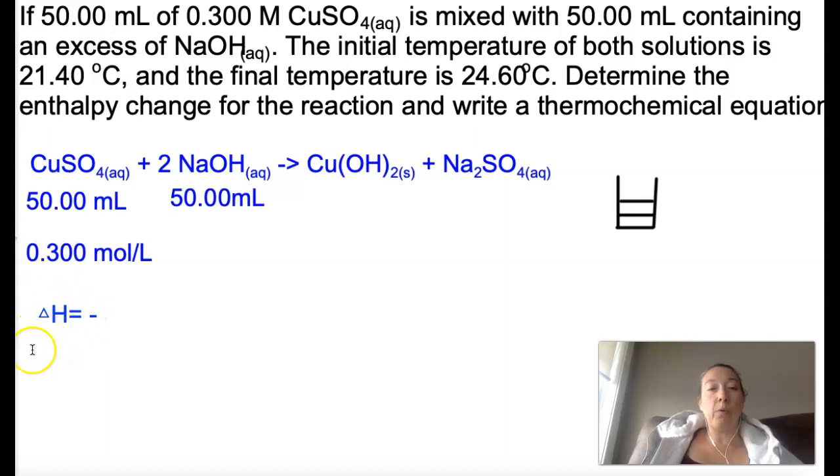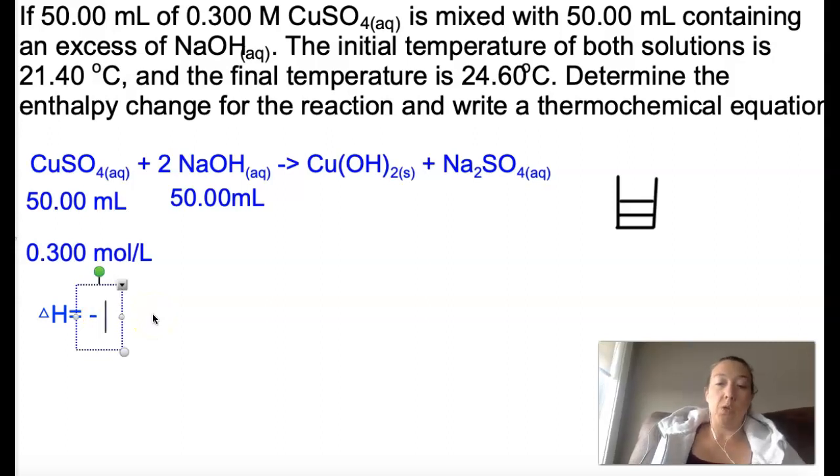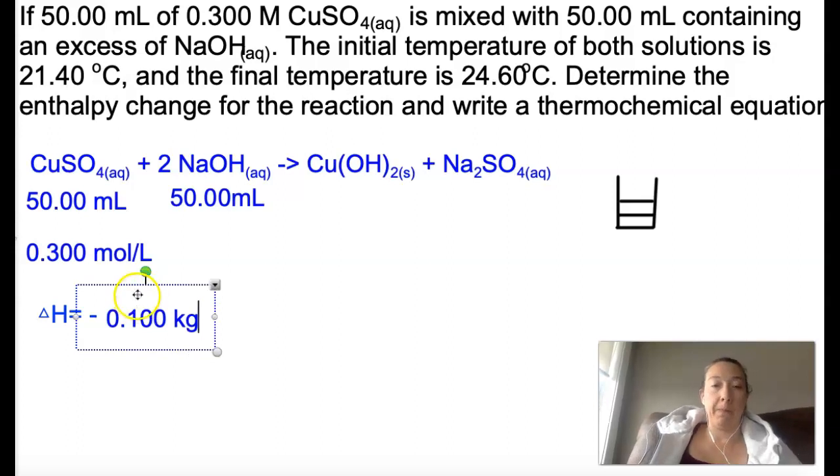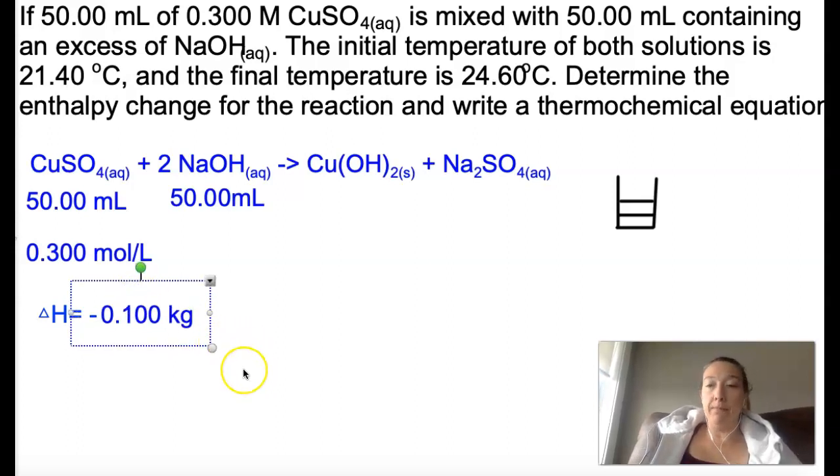But we've talked before about how delta H should be measured in kilojoules. So I don't want 100 grams, I want to convert that over. So we're going to use 0.100 kilograms. So there's our M, right?